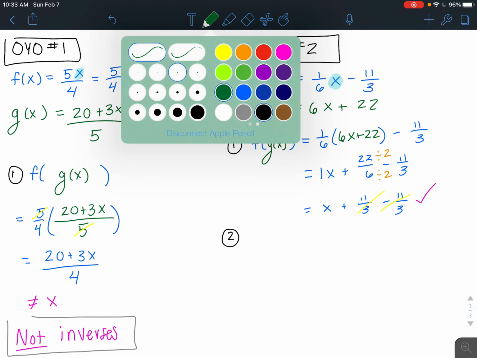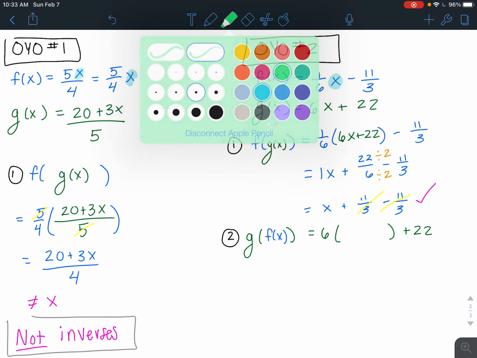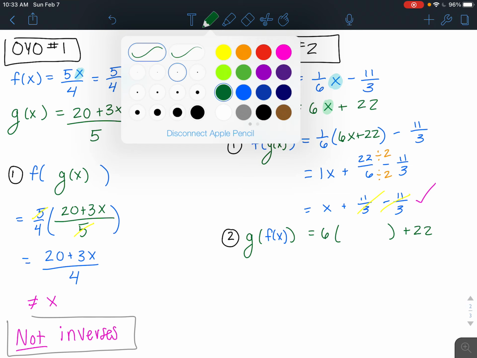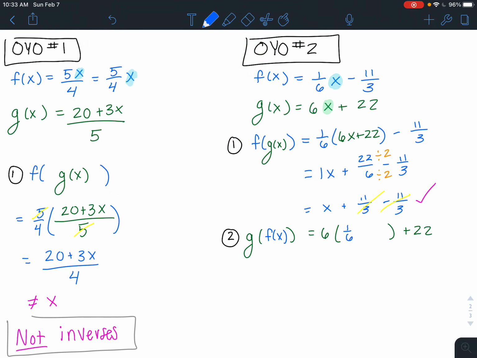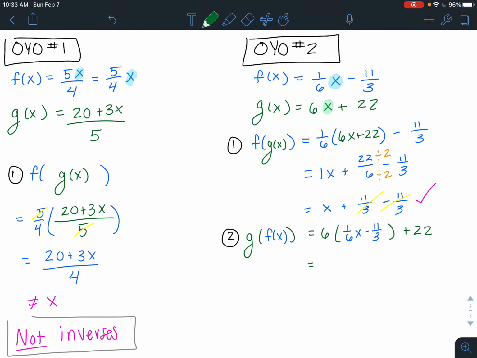Right, so that direction works. And so I got to check the other direction just to make sure that both are good. So now I'm going to do g of f of x. So I'm going to do 6 times whatever plus 22 because my x is right there next to the 6. And I'm going to plug in my 1/6 x minus 11/3.